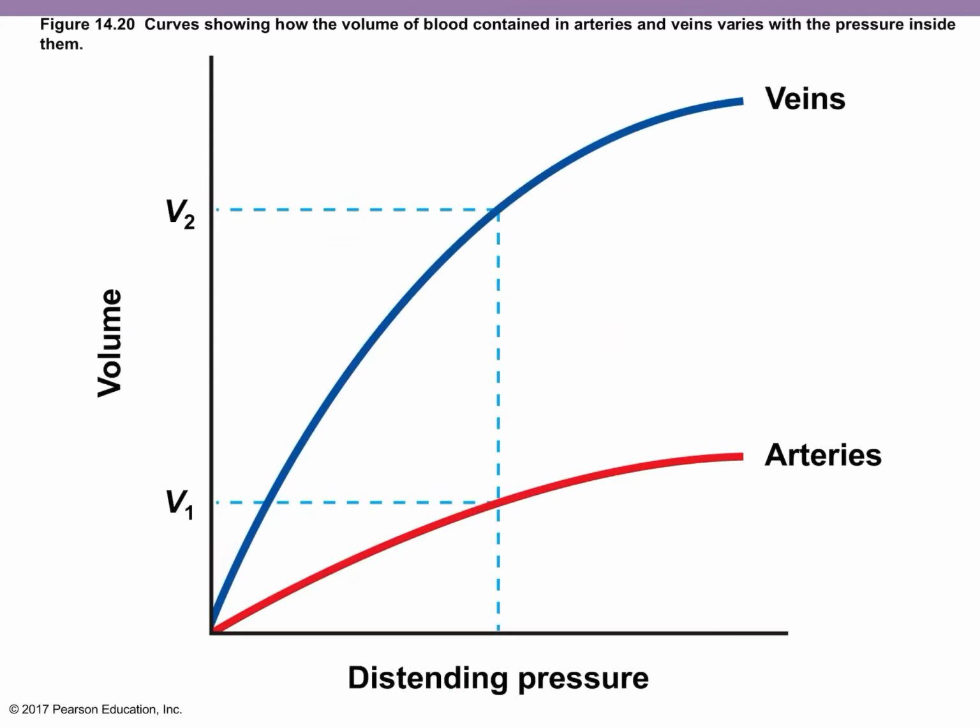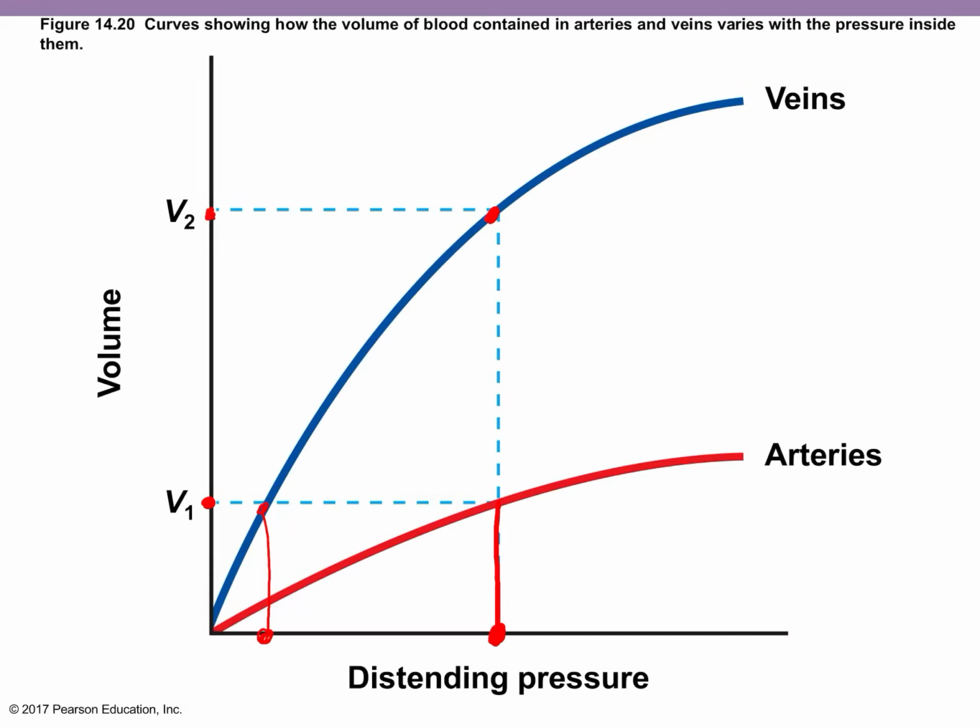This is a curve showing how the volume of blood in your arteries and veins varies with the pressure inside of them. So if we take a look at our volume of fluid, we can see the pressure on the artery is here, and the pressure on the vein is here. We have low pressure on the vein and higher pressure on the artery at the same volume.